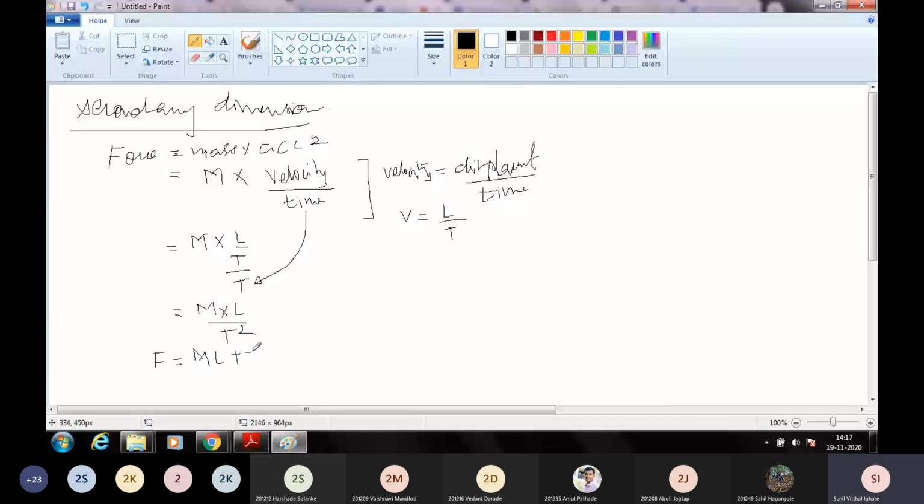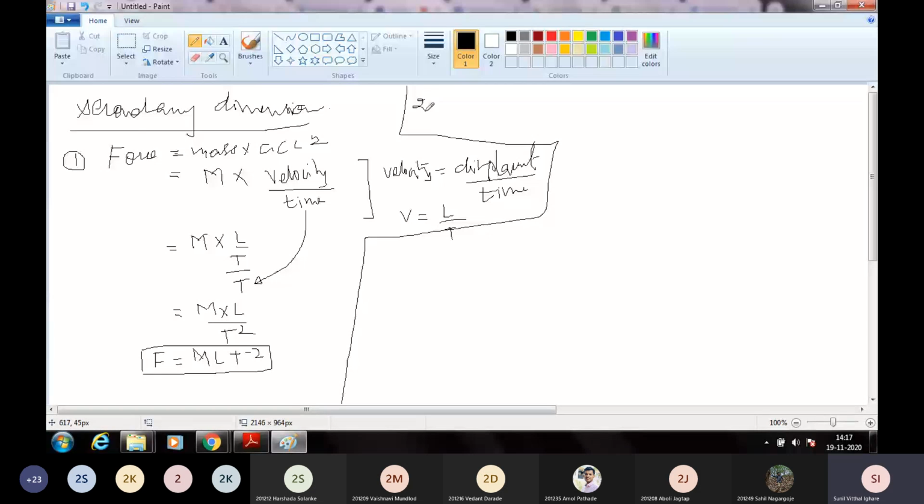This is another format you have to remember. T we have just taken to the upward side. So this is the way to write dimensional analysis.